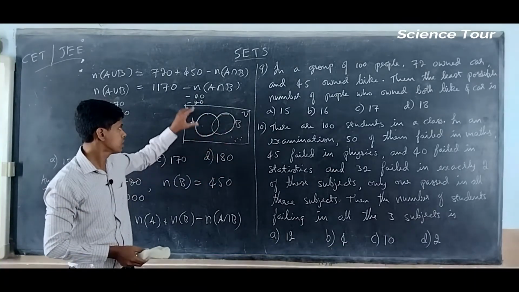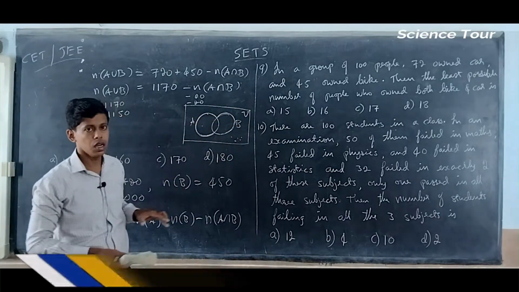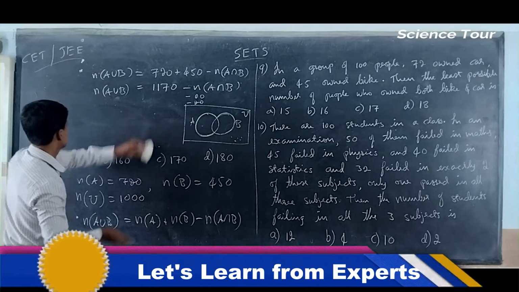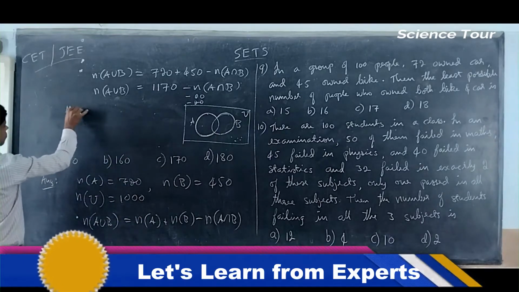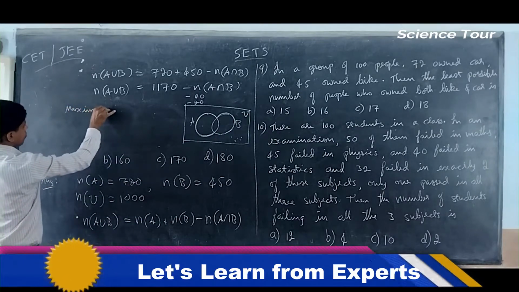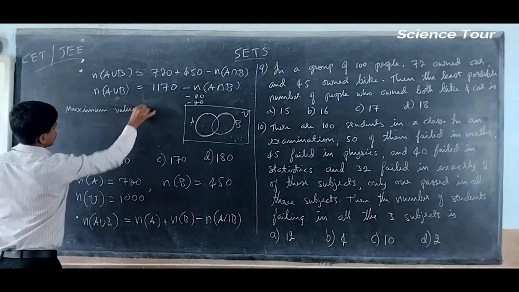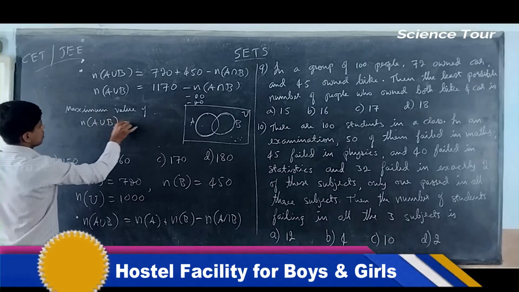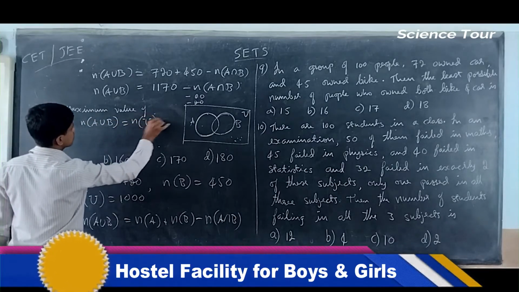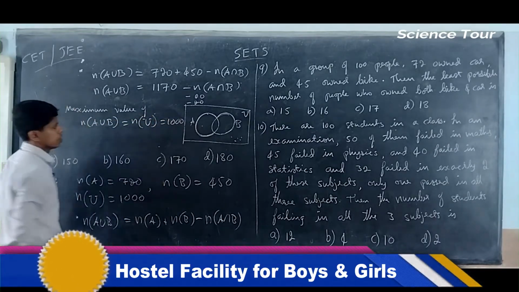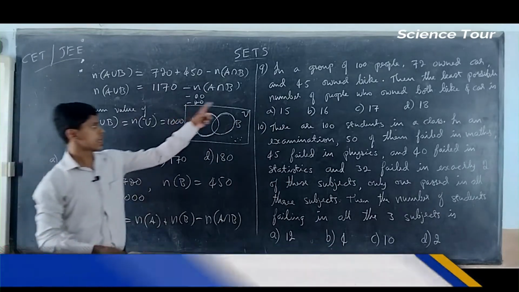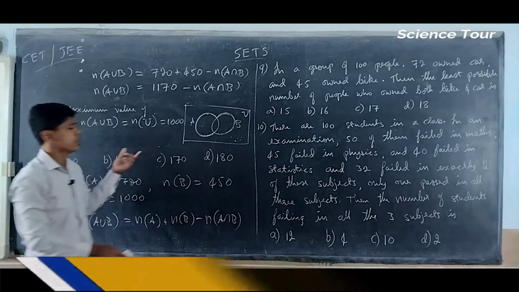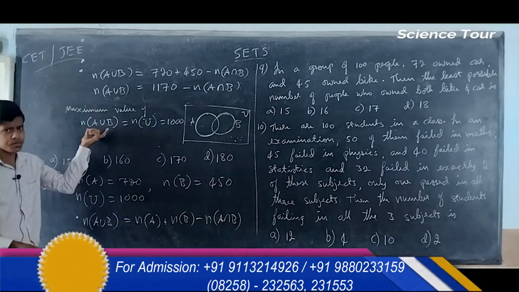Union is equal to the universal. That's the highest possible. And how much is the highest? The maximum value of n of A union B is equal to n of universal, that is 1000. The rectangle has 1000 people, so that's the highest possible.